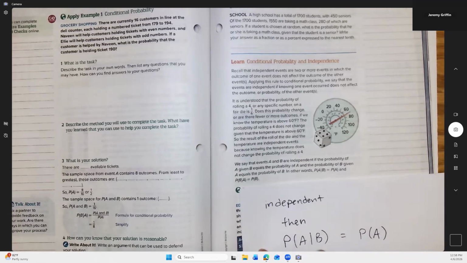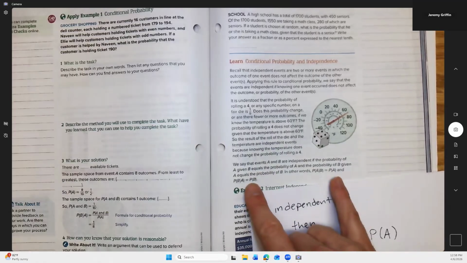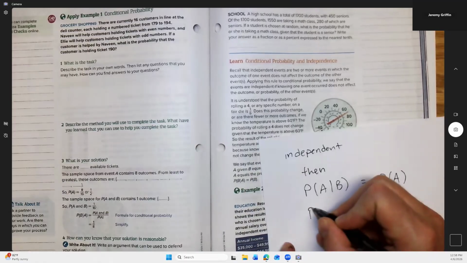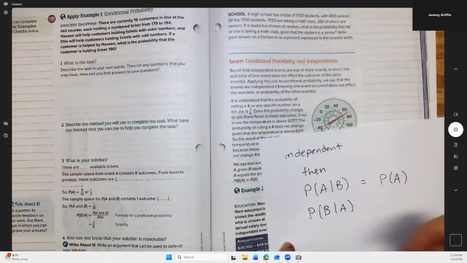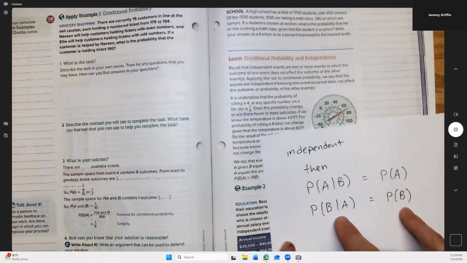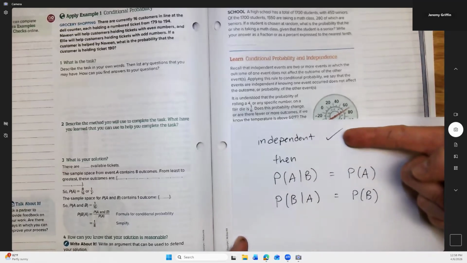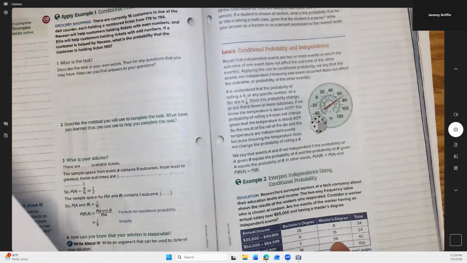It doesn't matter whether B happened or not. And you can also go the other way: the probability that event B happens given that event A happened is the same as the probability that B happened in general. It doesn't matter whether A happened or not. That would indicate independent events. I think that's not the case here.